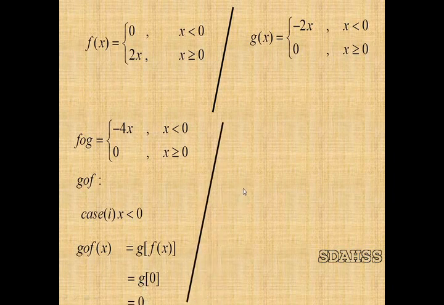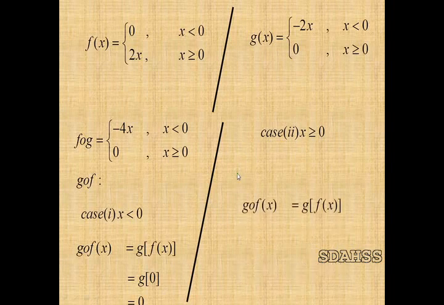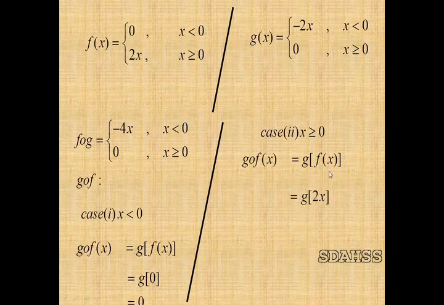Now x greater than or equal to 0, g dot f is equal to g of f of x. In the place of f of x, we have to write 2x. Here x greater than or equal to 0.